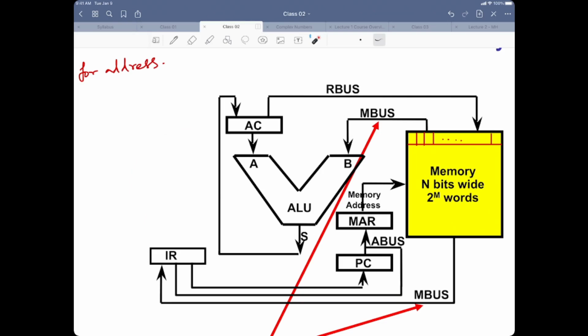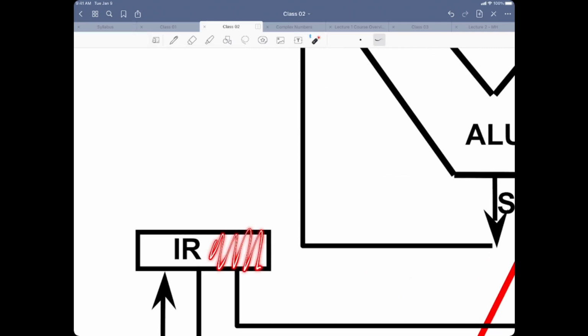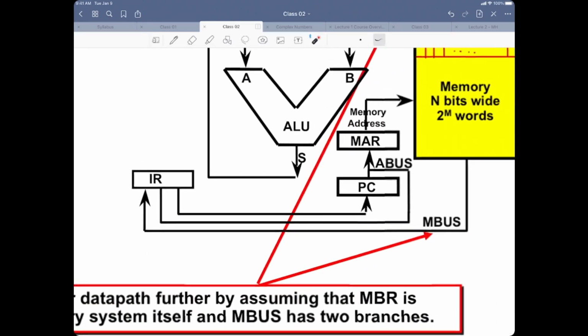the operands. Now when you fetch the operands, what needs to happen? See, the address of the operand is part of the instruction register, right? The address of the operand is over here. That needs to be fetched. So how is that going to play out? That address is going to move into the MAR through that line.